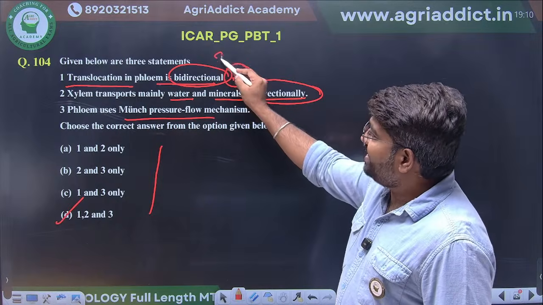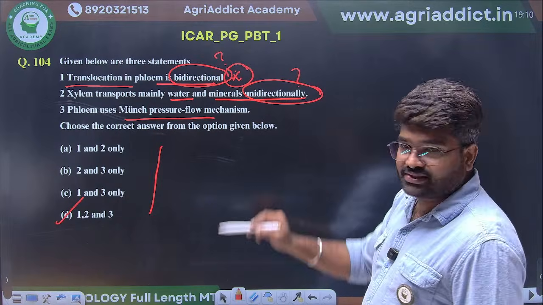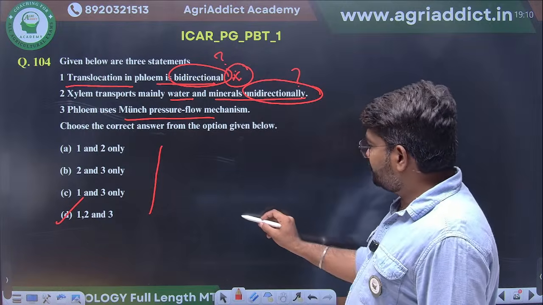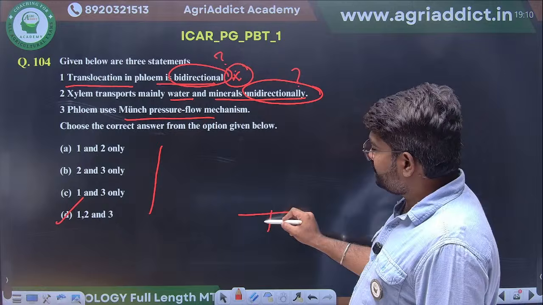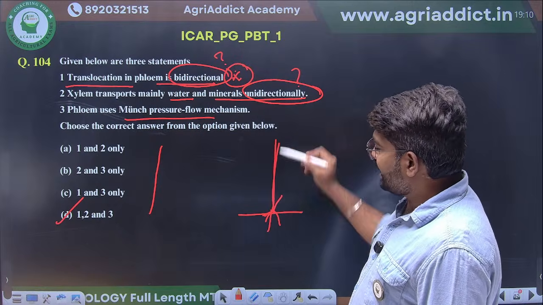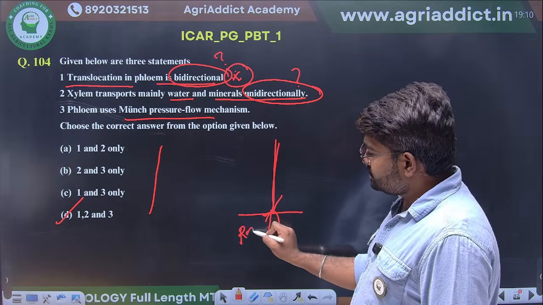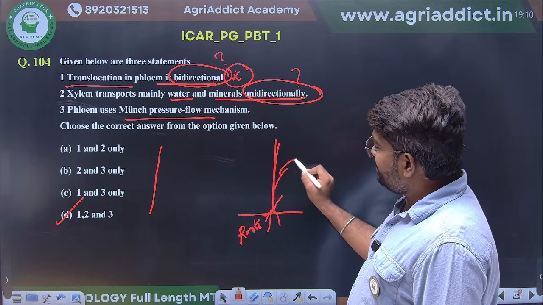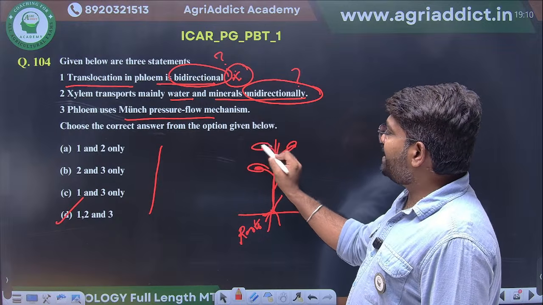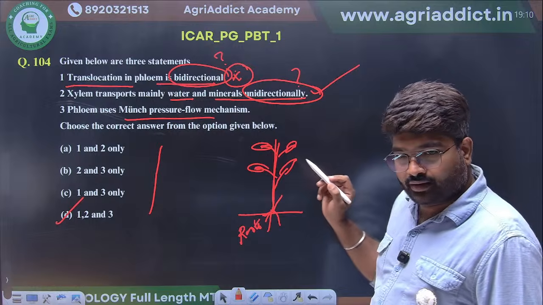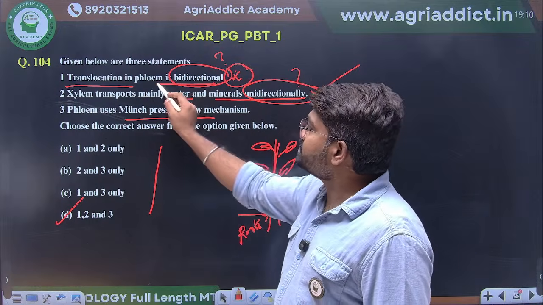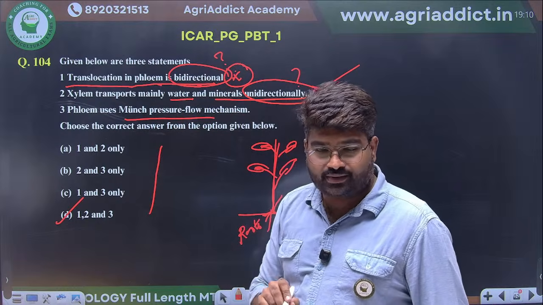Why here bidirectional is there? Why here unidirectional is there? As we know, xylem will be primarily involved in translocation or uptake of minerals and nutrients from roots. Then it will distribute to shoots. This will be always unidirectional. But if you see phloem, it is bidirectional. Why?